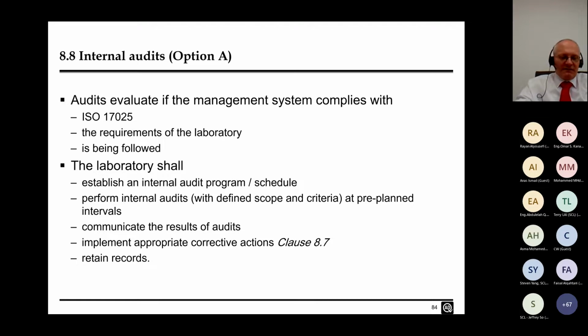We need to communicate the results. It's very important that the management understand what's happened, what's going on in the laboratories if there are problems. We need to implement any appropriate corrective actions, and we need to retain records. Internal audits are very important because, one, the quality management people can assess whether people are following their procedures.